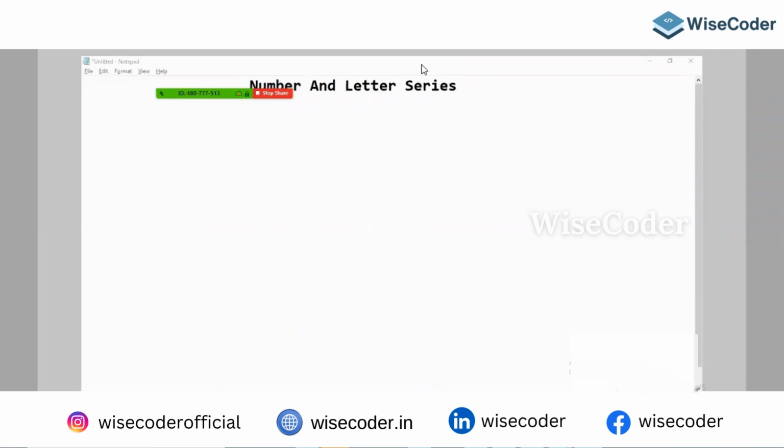consider a few letter series. Before that, the only thing you have to learn here is the place positions. Once you know the place positions, the job is done. You have to remember all the alphabets.